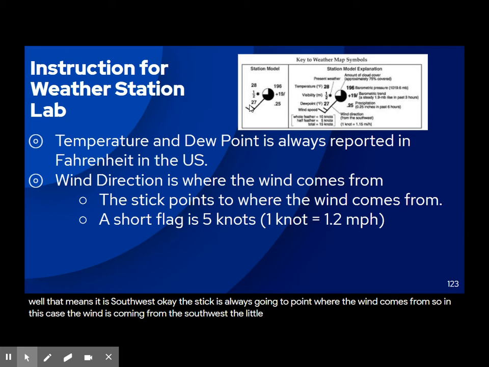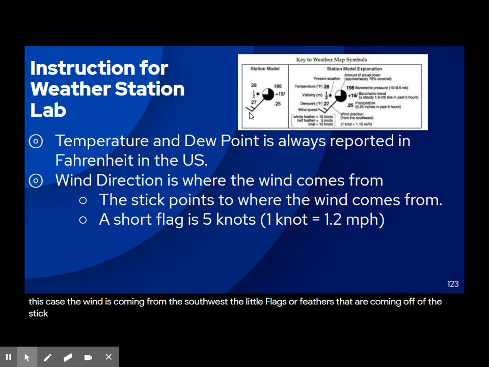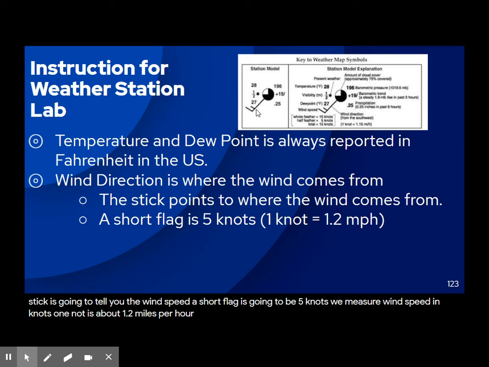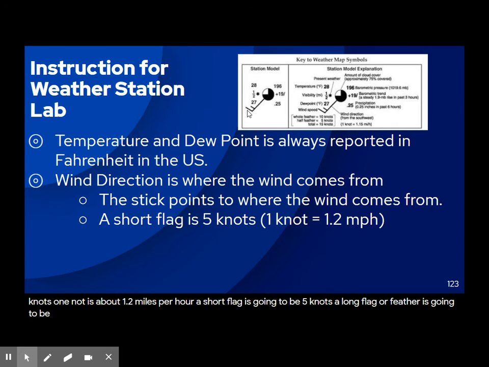The little flags or feathers that are coming off of the stick are going to tell you the wind speed. A short flag is going to be 5 knots. We measure wind speed in knots. 1 knot is about 1.2 miles per hour. A long flag or feather is going to be 10 knots.